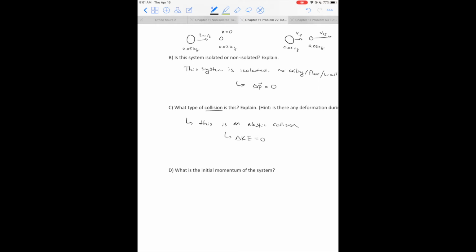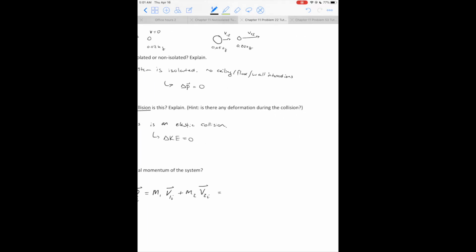So what is the initial momentum of the system now? What is PI? And reminder, we're working with vectors, so let's keep it in a vector notation. I'm going to say that the initial is M1 V1I plus M2 V2I, but V2I is 0.